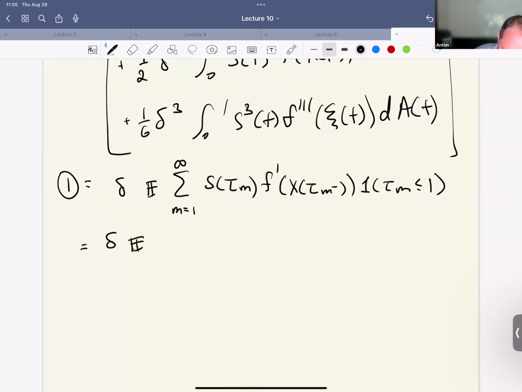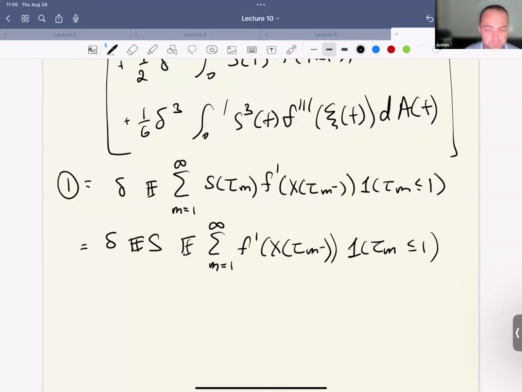Delta expected value just of s. Expected value sum m goes from 1 to infinity f prime. So the rest stays the same. In particular, I cannot repeat the same trick with this workload because the workload right before the jump happens is certainly very much dependent on the fact whether the jump happened before 1 or not.